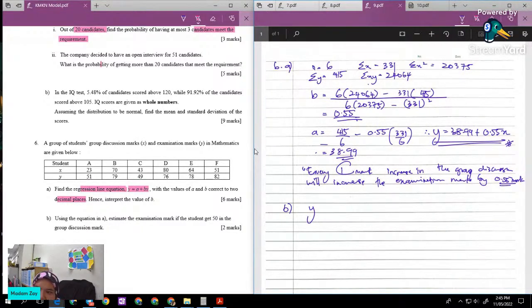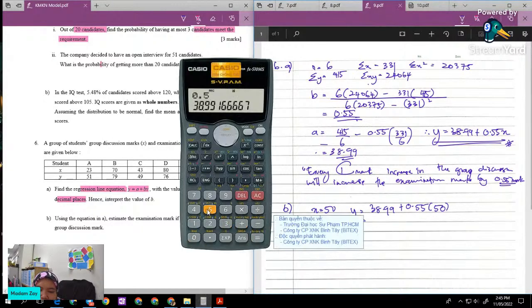So, for X, kat sini markah dia, kalau dia score dalam group discussion, X equal to 50. So, Y kita akan jadi, masukkan nilai 38.99 plus 0.55 of 50. Okay, 0.55 multiplied by 50 plus 38.99.